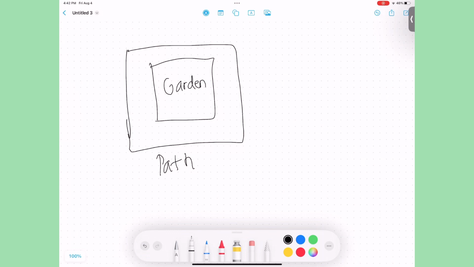This is a square, by the way. The garden is a square. Let me write that down. Garden, square, and the path is also a square.